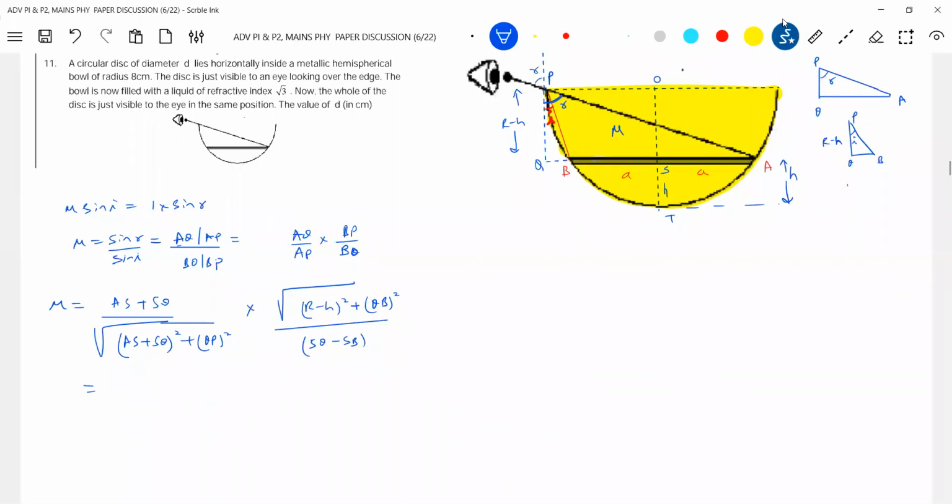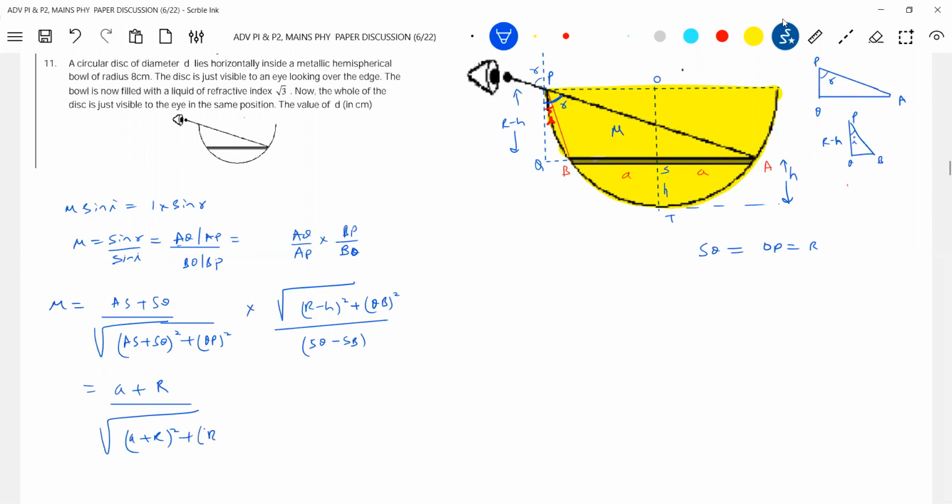AS must be equal to A. SQ should be equal to R because OP is equal to R. Look at the diagram. So therefore, what is SQ? SQ will be capital R. So AS plus SQ, so this should be A plus R whole square.